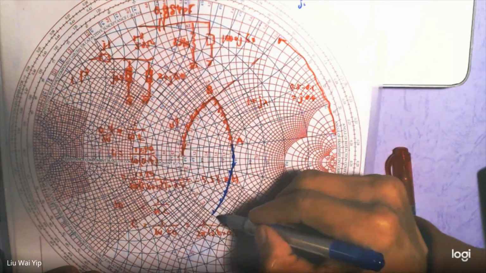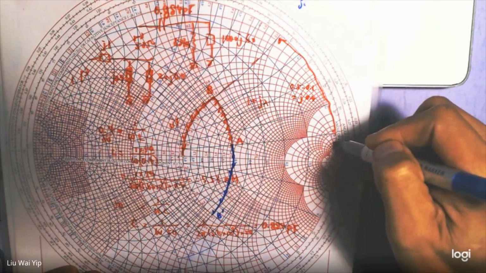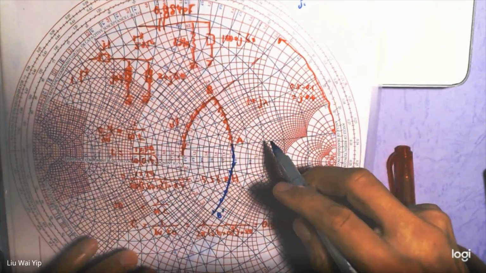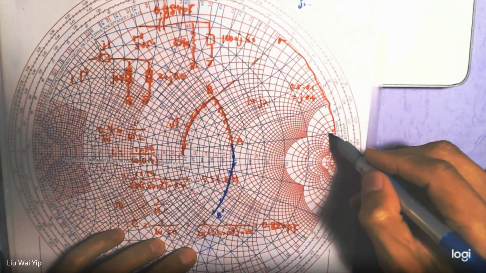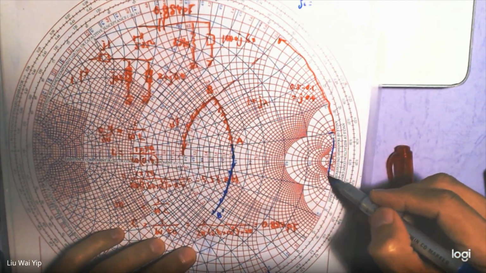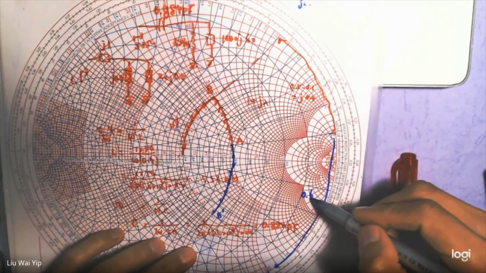So let's say this is B prime. You need to calculate how much susceptance you will need in order to get into this one. So by looking into here, here is 1 and here is 1.5. So altogether, you need 0.6j.